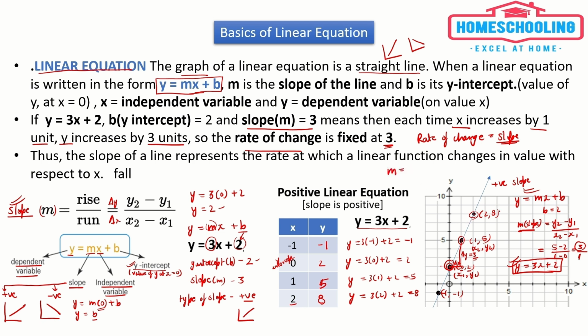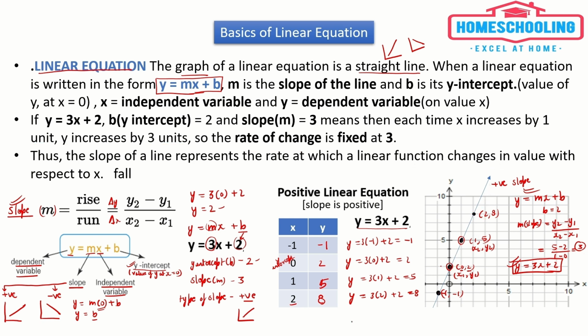So this is going to be our y2, that is 8, and our y1 is 2, divided by x2 minus x1. So x2 is 2, and x1 is 0. So 2 minus 0. So that is going to be 6 divided by 2. So it will be 3. So we can take any coordinates, we will get the same slope.